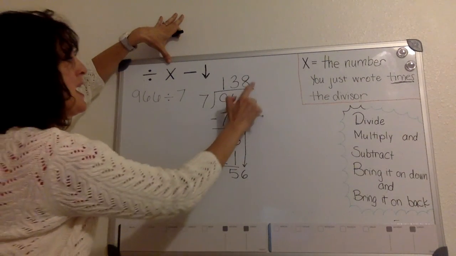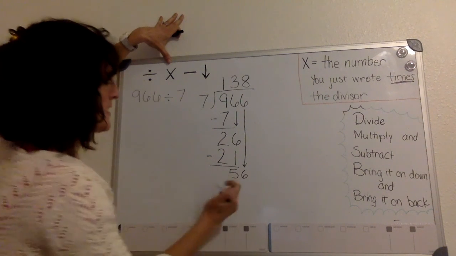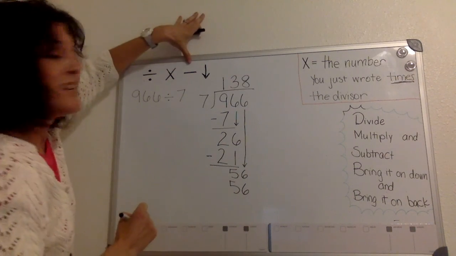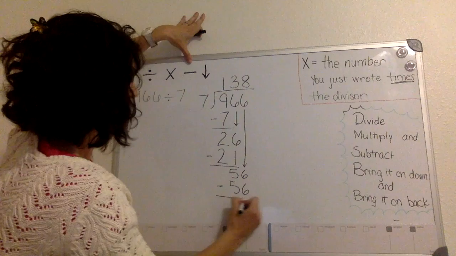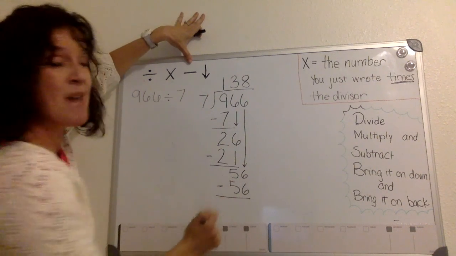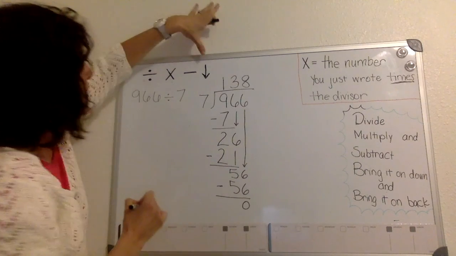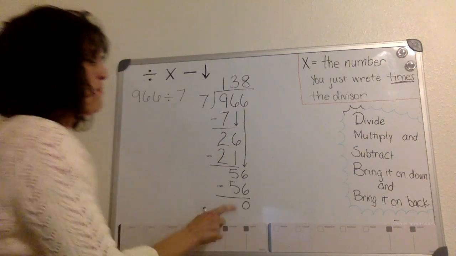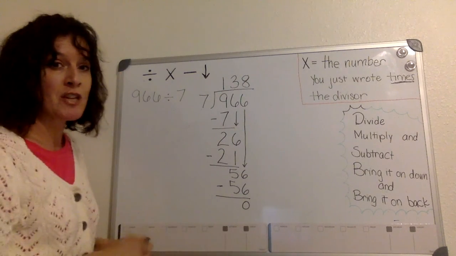Multiply. 8 times 7, 56. Subtract. 56 minus 56 is 0. Bring it down. Nothing to bring down. My remainder is 0. My quotient is 138.